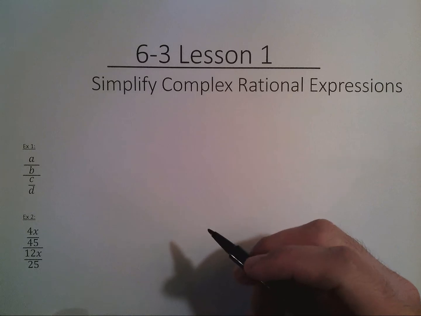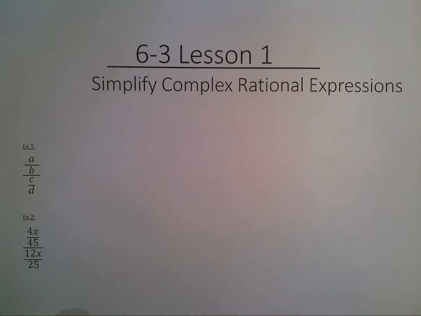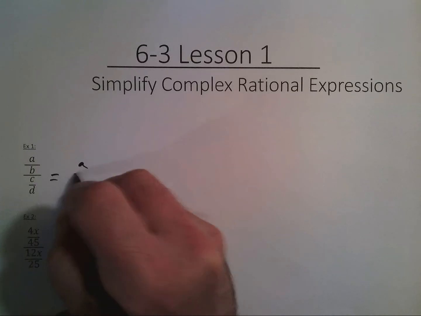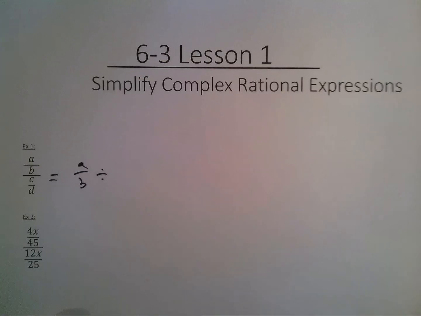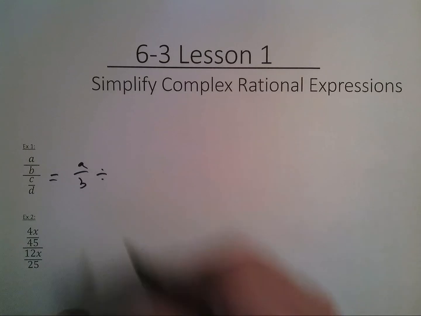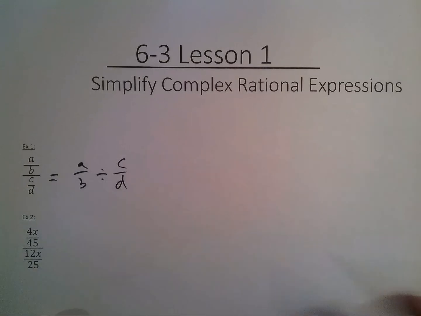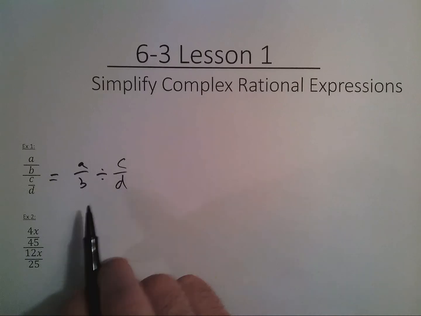Now I'm going to rewrite it so it's more manageable to see visually. So this becomes A over B, and then I'm going to use the old school division symbol, the line with the two dots, C over D. As we should have remembered from previous algebra classes, actually arithmetic, you never divide with fractions.